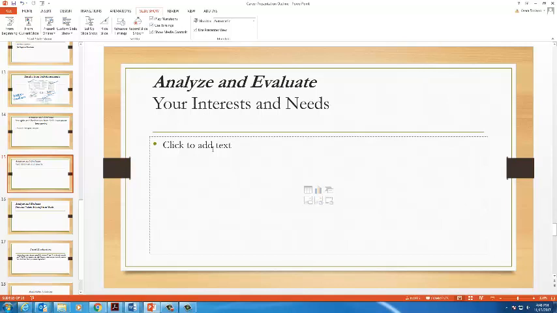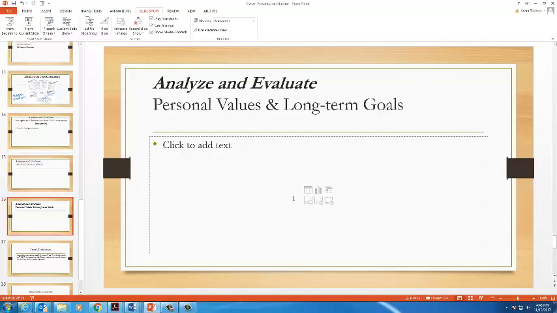So explore some of the needs and interests. Again, you can go back to M4A2 where you had to examine your needs and your motives, and you may want to pull some of that in and create a bulleted list and add some of your text for your speech part. Next and last, you're going to connect it to your personal values and your long-term goals.